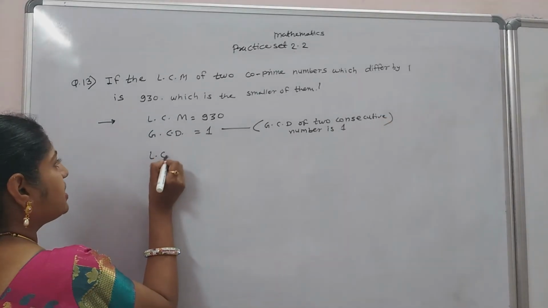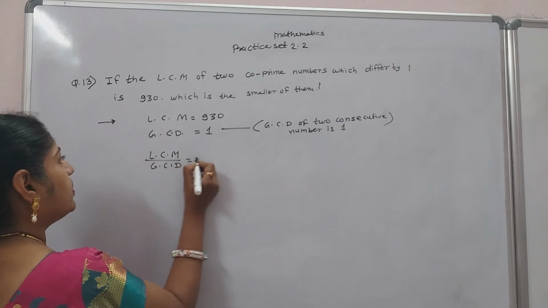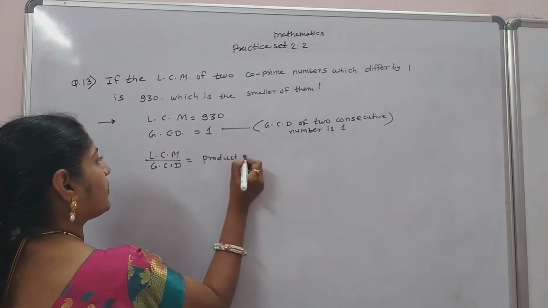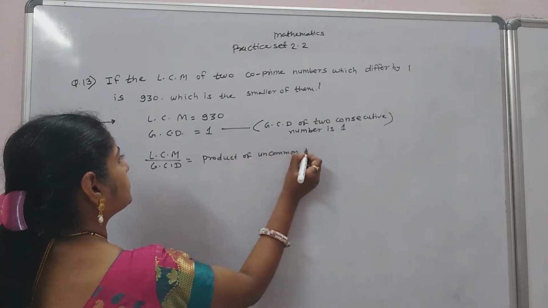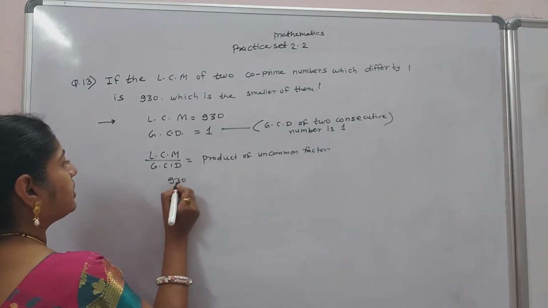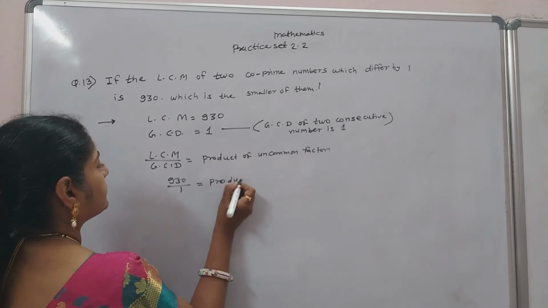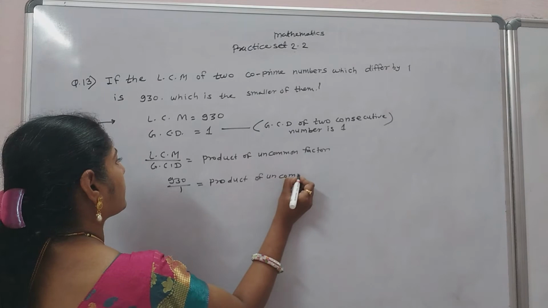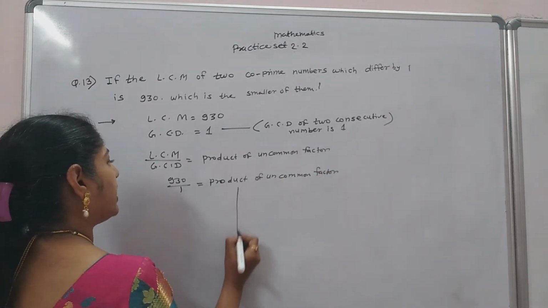So LCM upon GCD equals the product of uncommon factors. 930 upon 1 equals the product of uncommon factors. Now find the factors of 930.